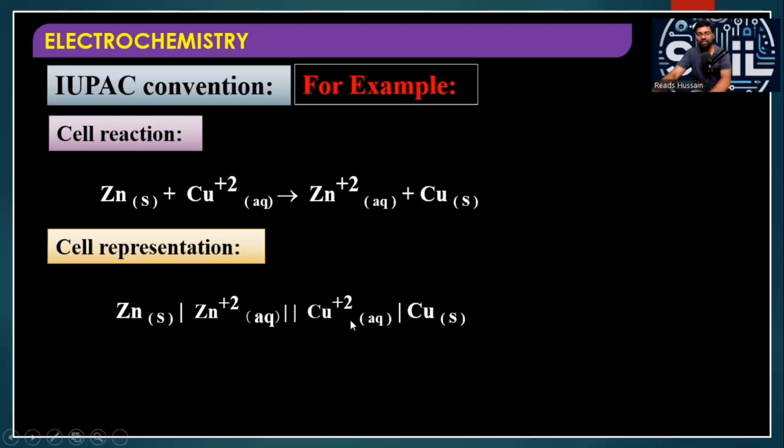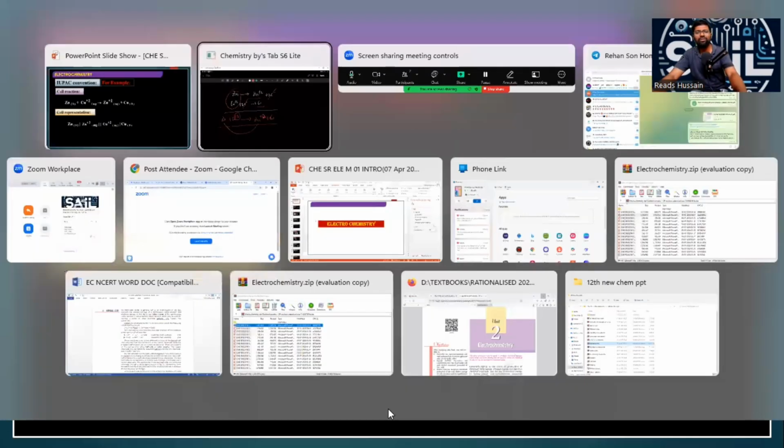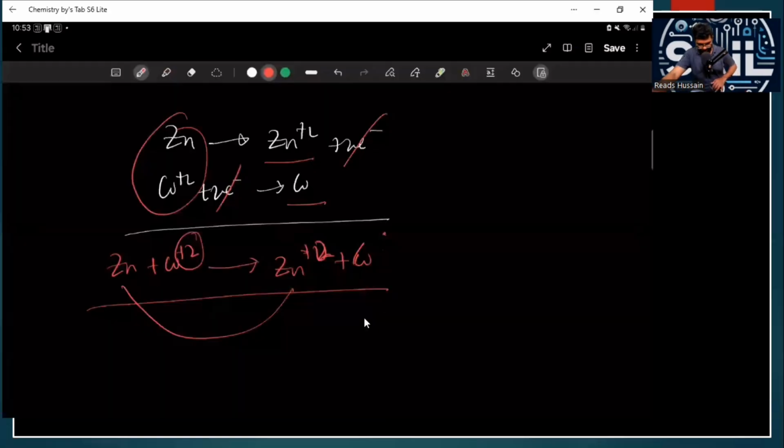Then the CuSO4 solution contains Cu plus 2 ions, in which a copper rod is dipped. The anodic compartment and cathodic compartment are separated by two parallel vertical lines. There is no need to be confused. It's a very simple thing.